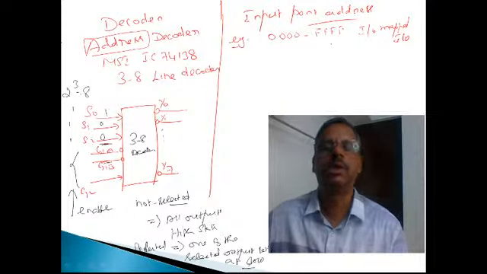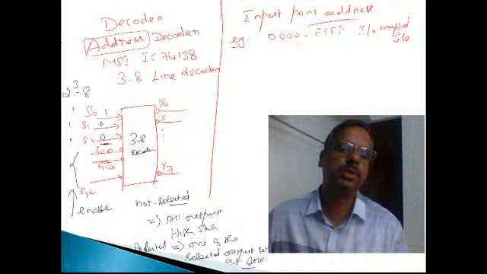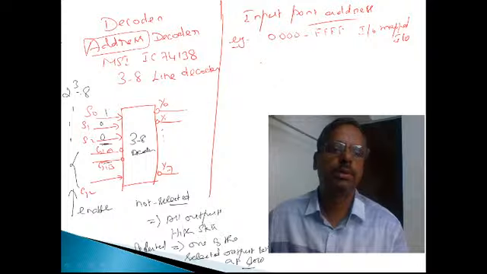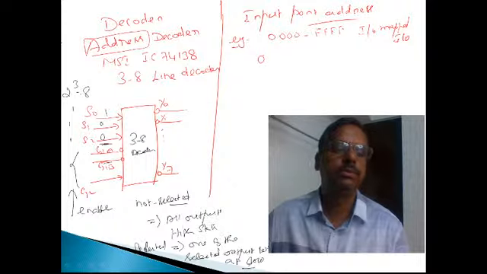Out of the 64 kilo I/O space, you can arbitrarily choose any one of them. As an example, let me choose that the device should be selected at the address 00F6.